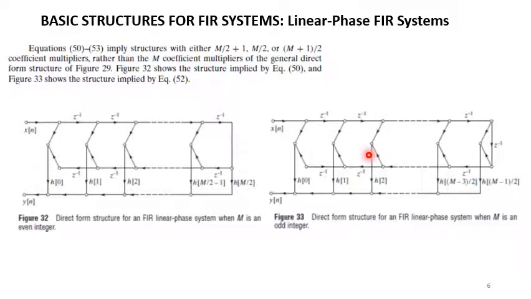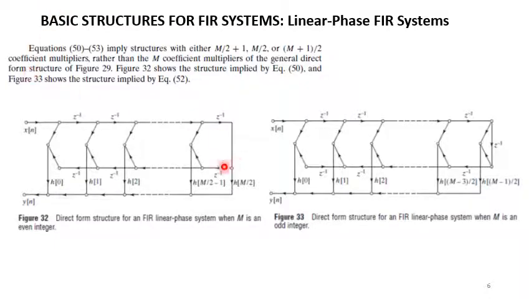And this is a similar structure, but for the case when m is odd. In both cases you multiply the undelayed signal with the one with the maximum delay, then shift by one unit, and you just add these, because based on the derivations we have to add, for the type 1 case, x of n minus k with x of n minus m plus k.